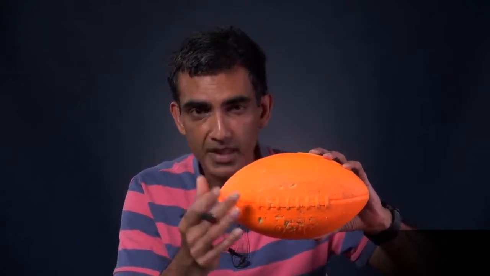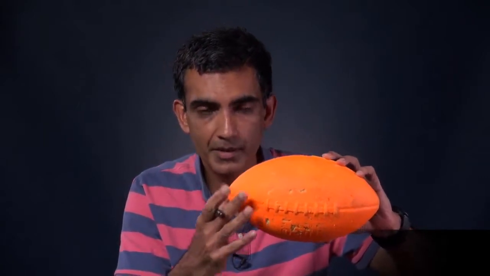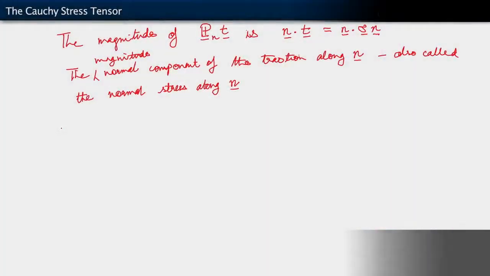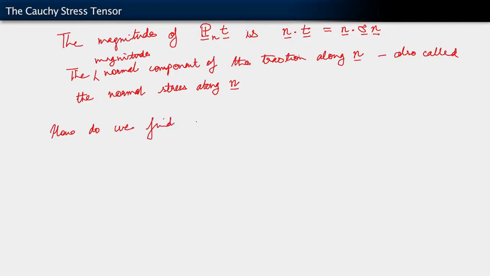You expect that if the stresses are maximum along some direction, then the material is probably going to fail along those directions due to fracture or something like that. So the question we want to ask is, more generally, how do we find the extremum values of the normal stress, n dot sigma n?